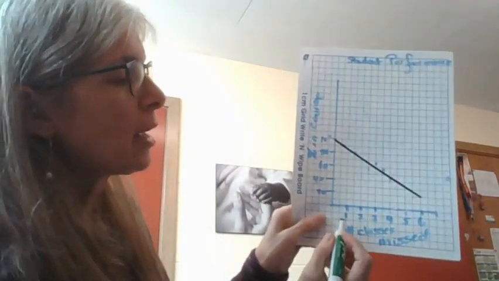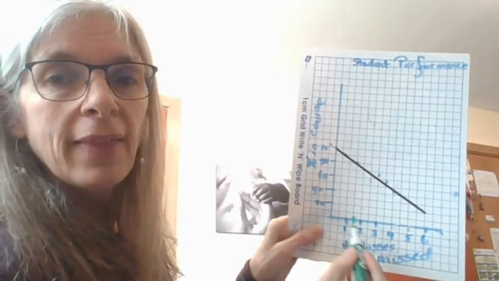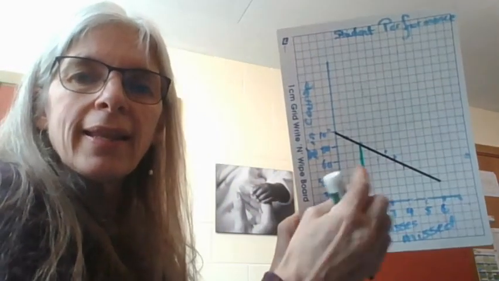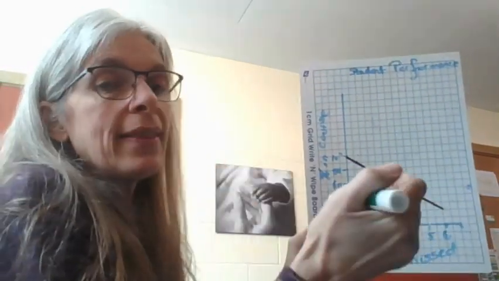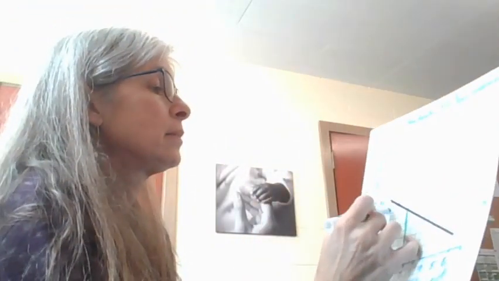So what I do is I go on my graph, I find 1.5, which is right here, and then I'm going to draw a line up to the line of best fit. So I draw the line like that to the line of best fit. Then I go from that point over to my y-axis.